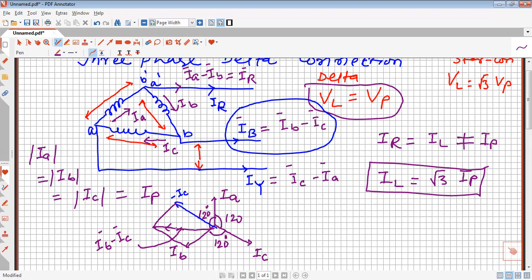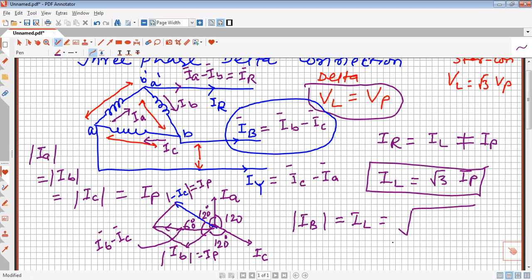Now we have to find this resultant. The angle here we can very easily see will be 60 degree because this is 120 degree, so this is 60 and this is also 60 degree. The resultant, the line current IB, has a magnitude equal to under root of A square plus B square plus 2AB cos 60, where the two vectors are inclined at an angle of 60 degree, and the magnitude of each is IP, the phase current.